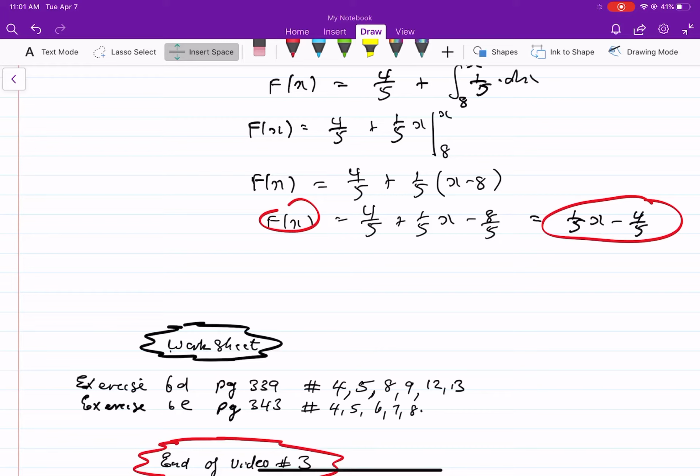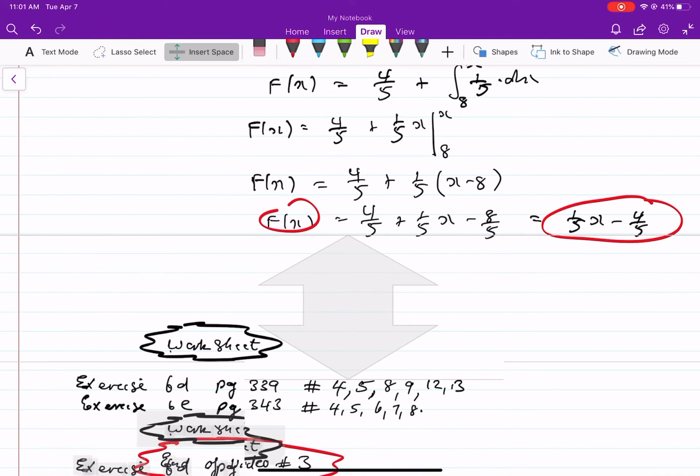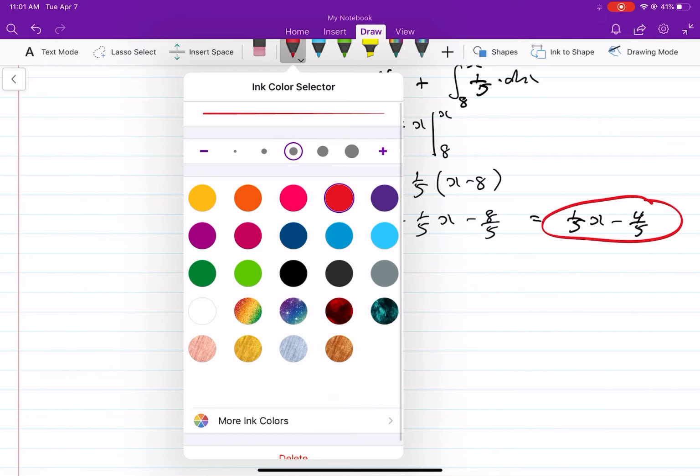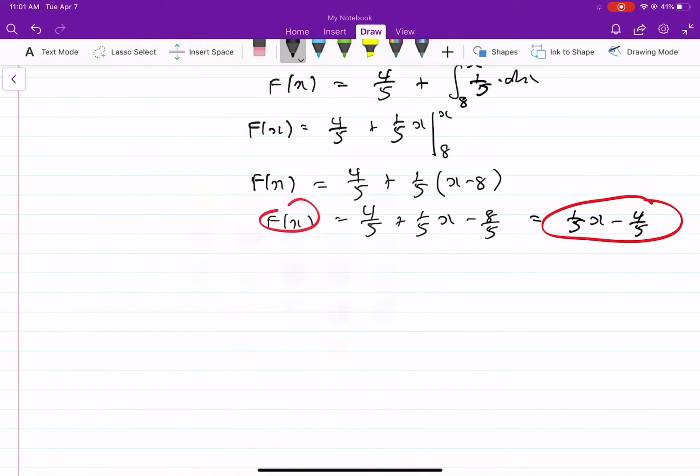Before I summarize it, I want to add up and accumulate all the probability up to the end of the second domain. So let's see. I have big F of x is equal to 1/5 x minus 4/5. This is for x between 8 and 9. And then I'm going to plug in the upper limit there. Big F, you can kind of figure out what value you're going to get.